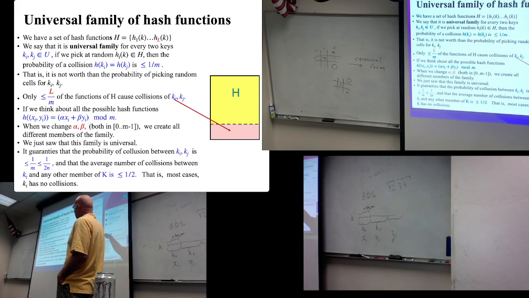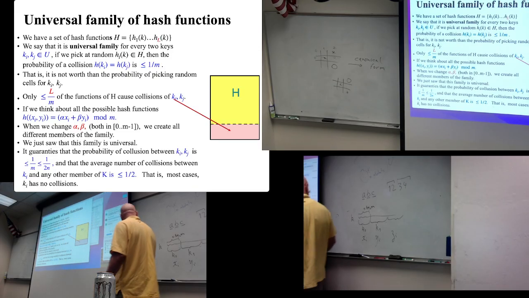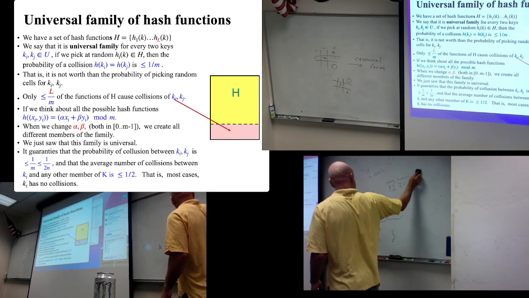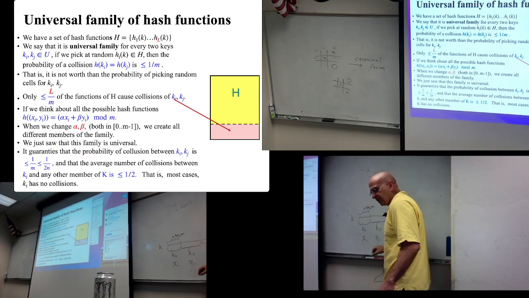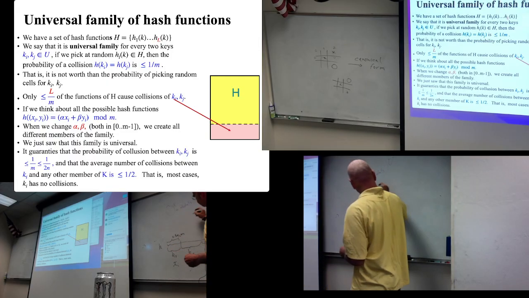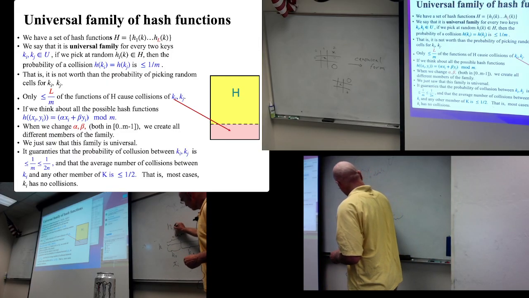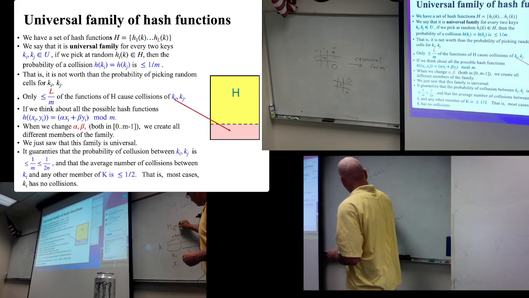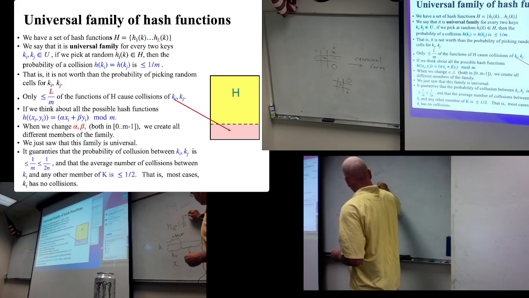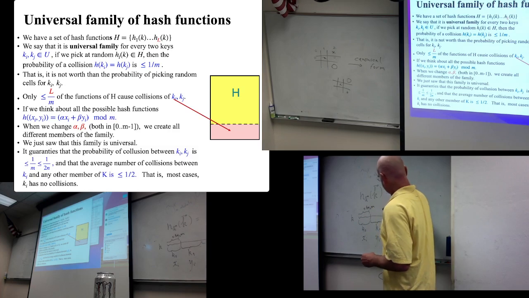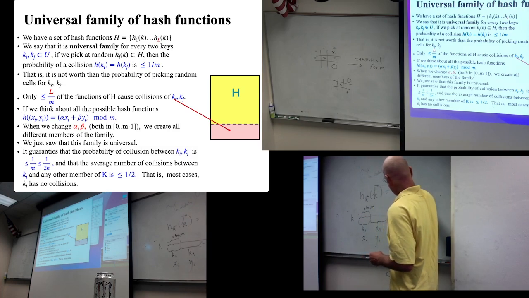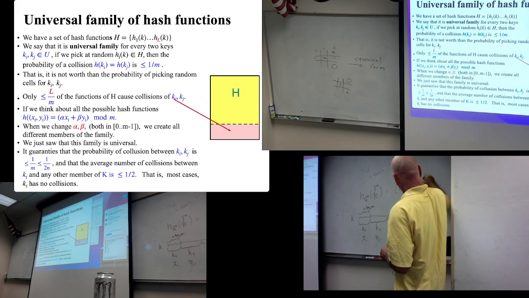Again, I don't have a file with all these hash functions. To pick a member of the family, I just need to pick the constants in the dot product. The dot product, to remind everybody, was h, when a is a vector and when k is a vector, you have it in one of the slides, was a vector dot product k vector, all of it mod m.